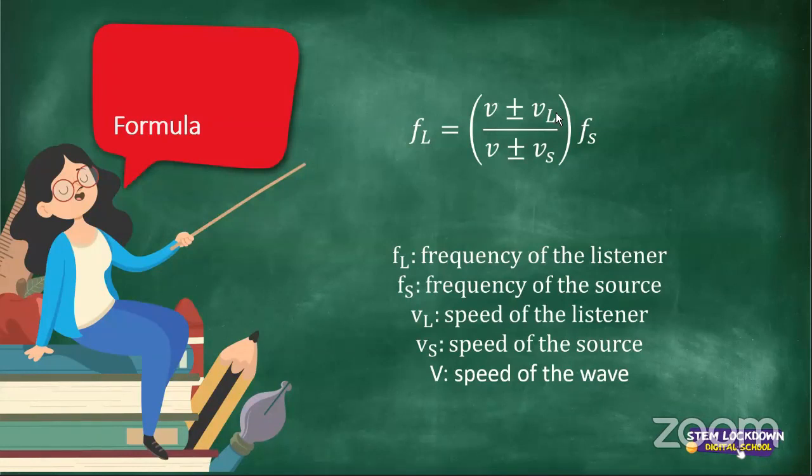At the bottom, if you add your VS, the speed of the source, it means that the source is moving away from the observer. And if you subtract the speed of the source, it means that the source is moving towards the observer. I haven't really ever seen a lot of questions where they ask you a scenario where both are happening at the same time. It's normally one or the other.